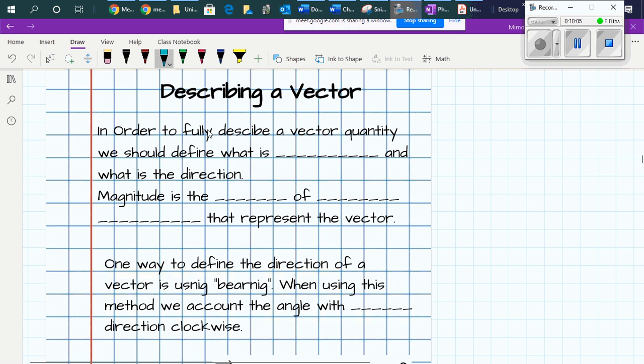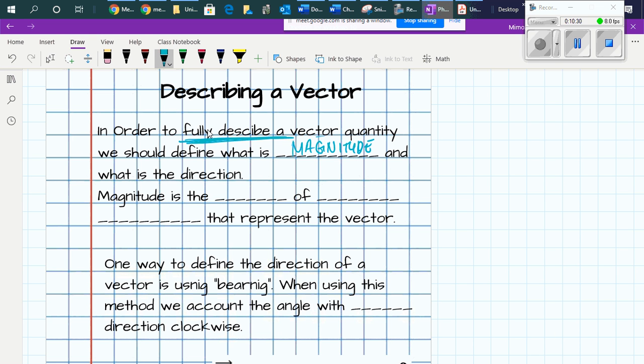So as we mentioned, in order to fully describe a vector quantity, you should define what is the magnitude, that numerical value, and I always say along with units, unless we are doing something to really understand the concept.